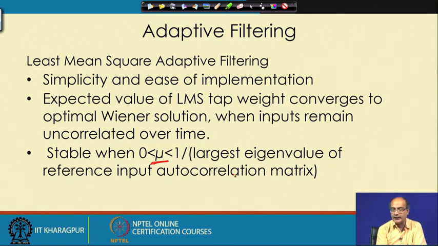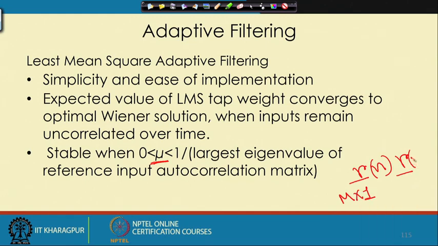The reference input R n is an m by 1 vector. So, we can get its autocorrelation matrix if we multiply it with the same vector in its transposed form, the 1 by m vector R n transpose. That gives us the autocorrelation, and to get it we need to take the expectation of this.